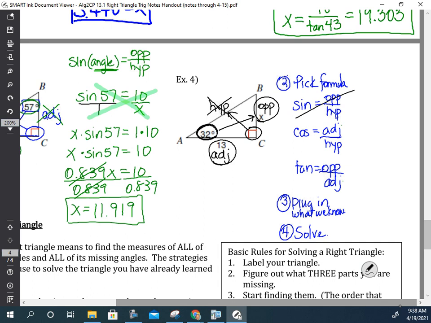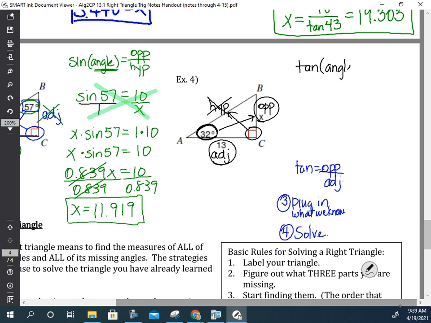Cosine is not going to get used. Tangent is the formula that we're going to use. Any questions, steps 1 or 2?